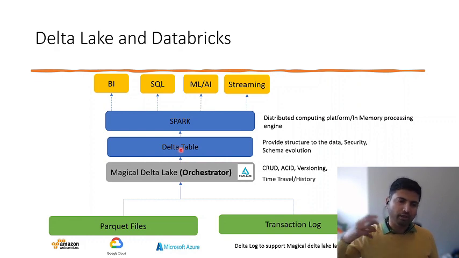All such authorizations can be set on top of the Delta table because it's giving you structure on top of the files, which was not that easy to achieve when we were doing it directly on files, the authorization setup, I mean. So all in all, this setup works quite efficiently with the help of, of course, Apache Spark architecture, and what I call Delta Lake, a magical layer that they have designed there.